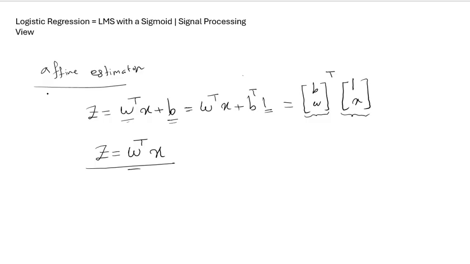So I don't want to discuss the equations regarding B. I only talk about W. This is the first point that I had to discuss and explain. Now let's continue.